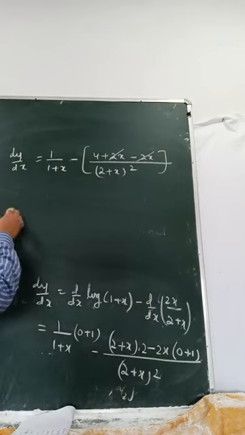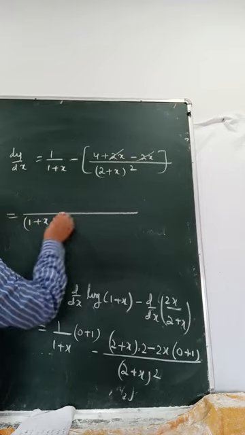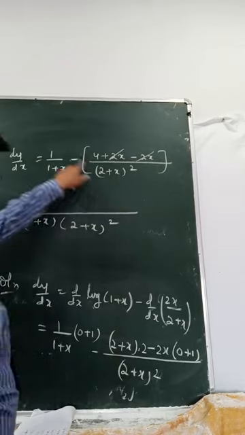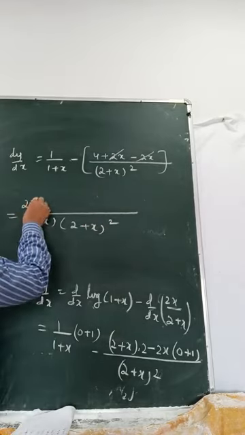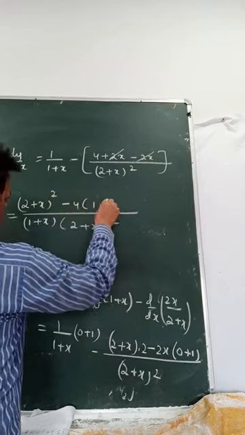Now again the same, (1 plus x)(2 plus x) whole square, so this will be multiplied: (2 plus x) whole square minus 4 into (1 plus x).